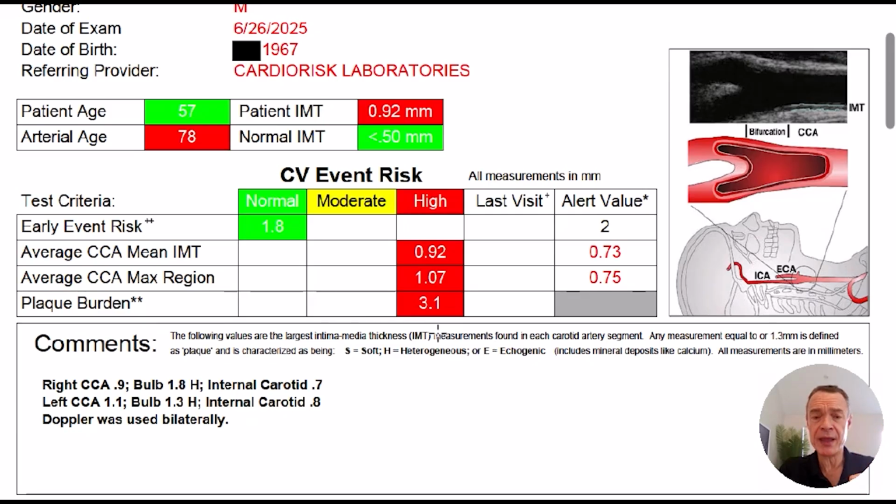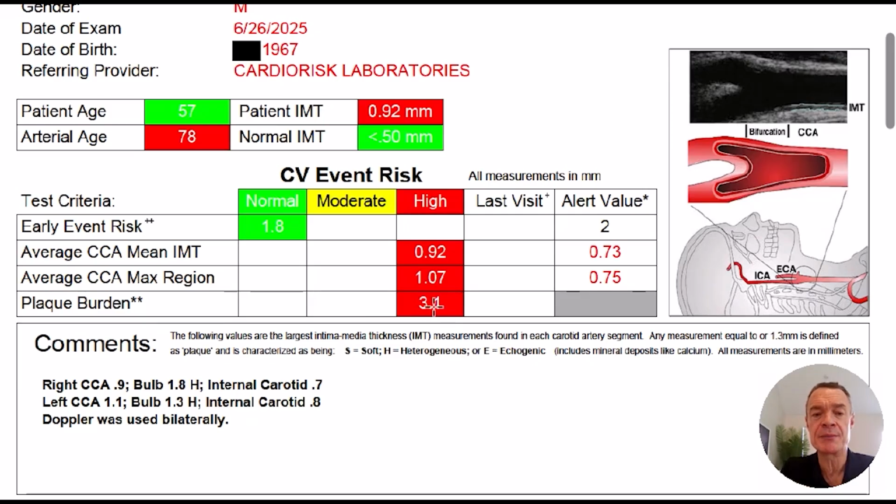Whereas for IMT, intima media thickness, they take 300 measurements, like I said in part 1, on the left-hand side, 300 measurements on the right, a total of 600 with a standard deviation of 0.02, and then they correlate the mean from those 600 measurements. So the IMT value is going to be much tighter than plaque burden in terms of, hey, what do I need to do to move the needle beyond what would be measurement noise?